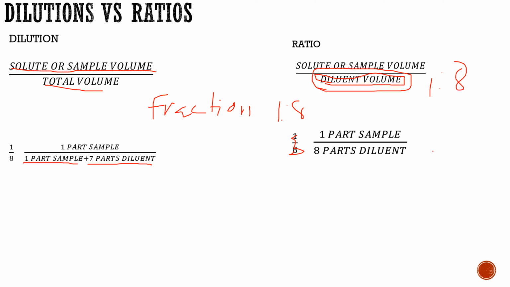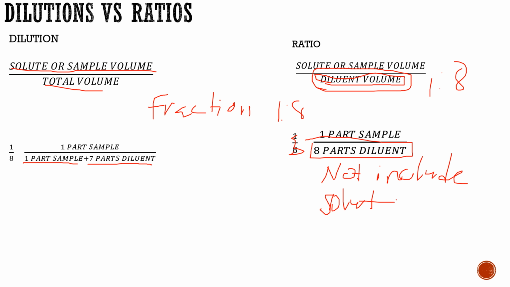Meaning, class, it does not include the volume of the solute or the sample. Therefore, when you encounter a ratio like 1 is to 8, this refers to 1 part sample, 8 parts diluent. The second number does not include the solute part. Okay? So I hope that was clear.